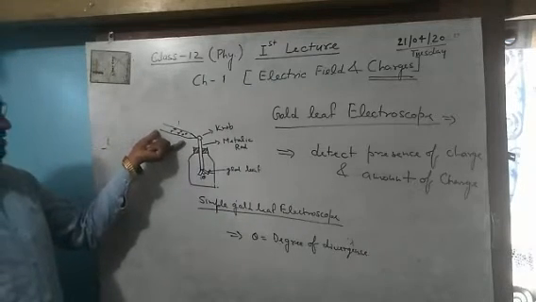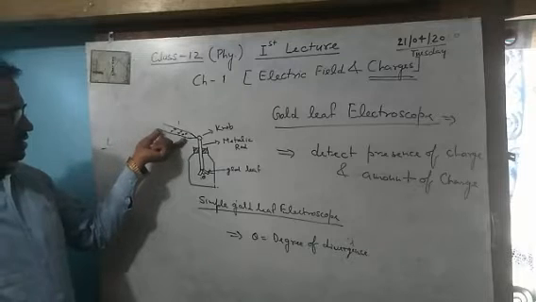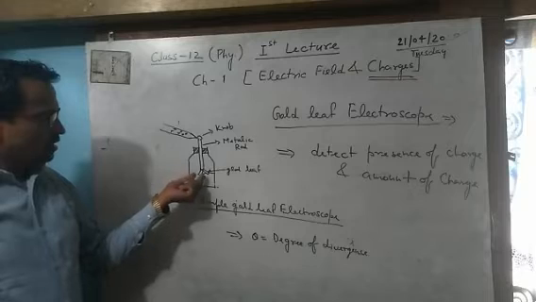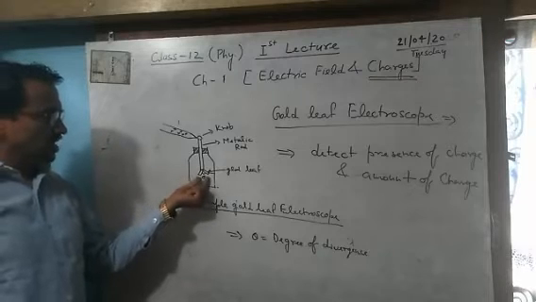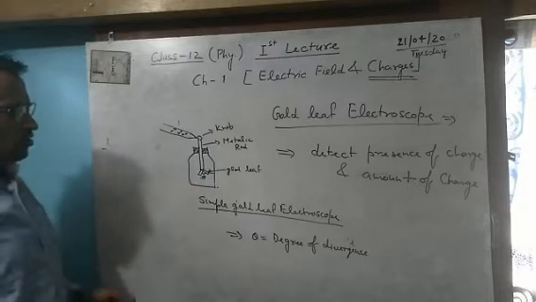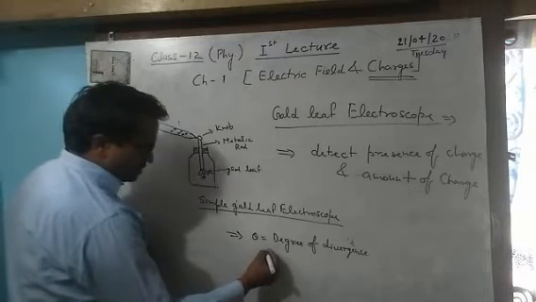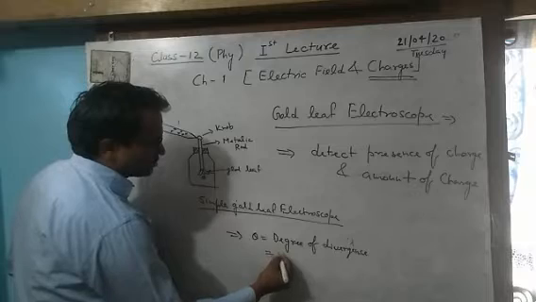When a large amount of charge goes through this metallic knob, theta increases, and with increase in theta, that theta gives the amount of charge.